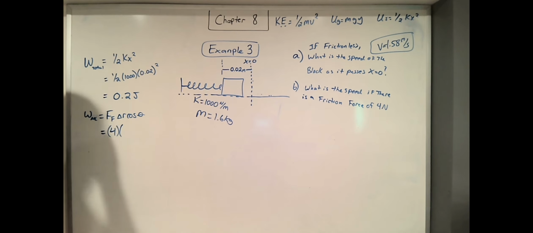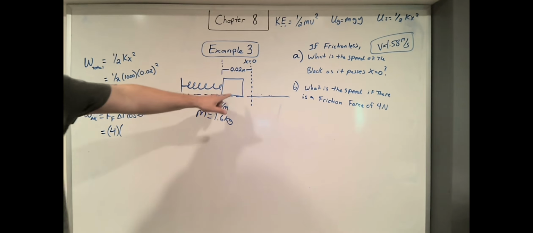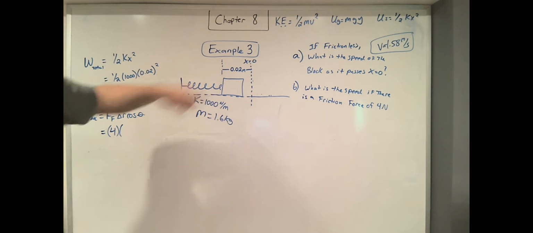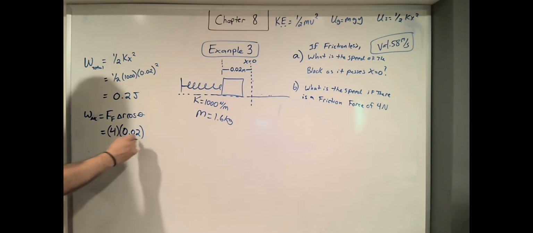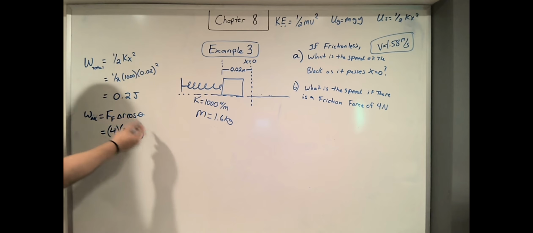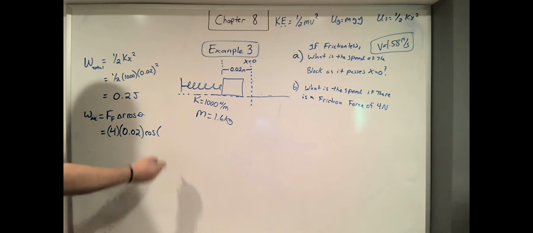What's the change in r? How far does the friction force take effect? Well, we're only concerned between this point and x equals 0. So the distance that it's going to travel is 0.02. And of course, what's the cosine of the angle? Friction always works against you.